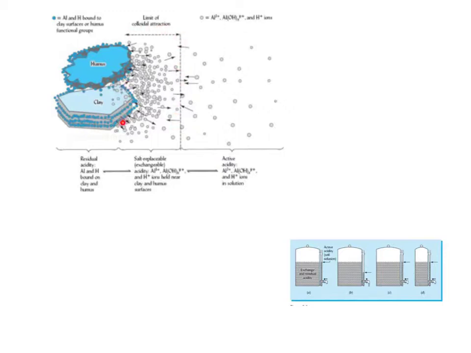This is really where we think about the exchangeable portion of ions existing. These ones that are attached over here are attached a little more long term. It's not that they don't come off, but when we think about the exchangeable portion of acidity, this is what we're thinking about in here.